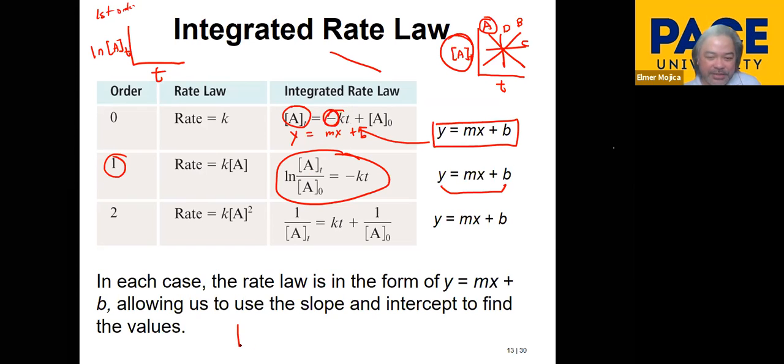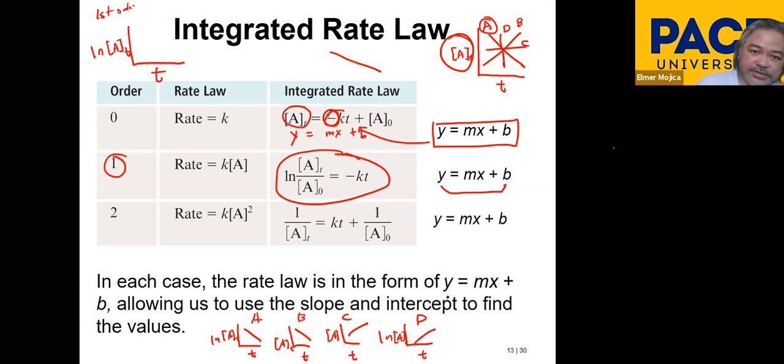So you have here, like this one, like that, and then you have here, like this one. So if you have A, B, and C, or you have here like this, those are the type of questions that you can be asked.